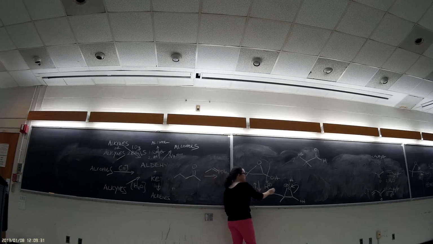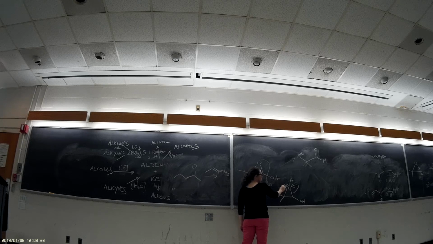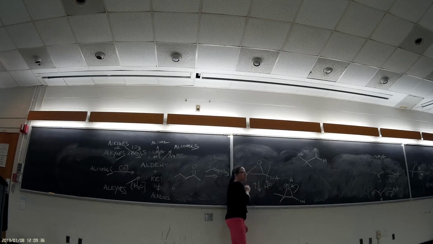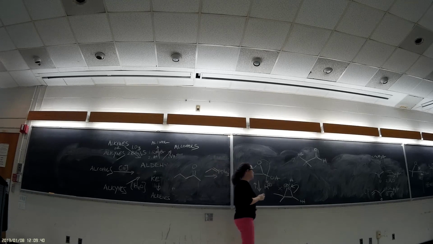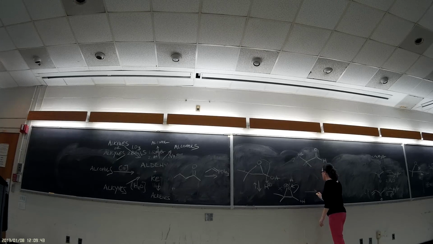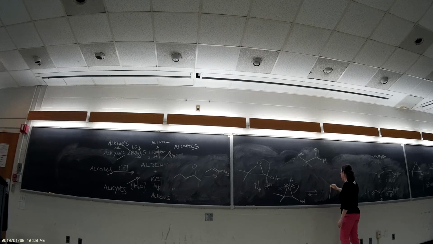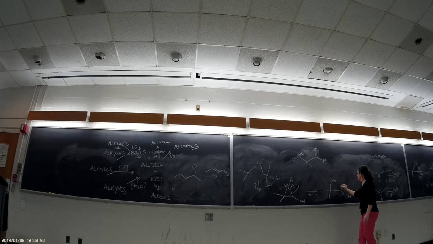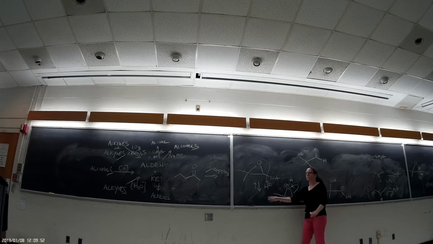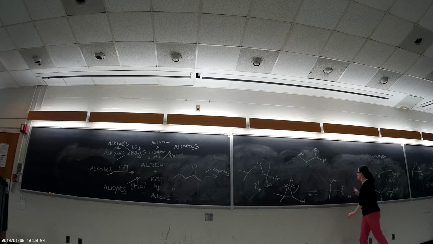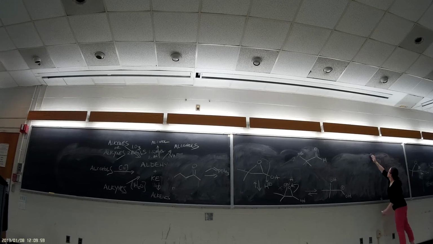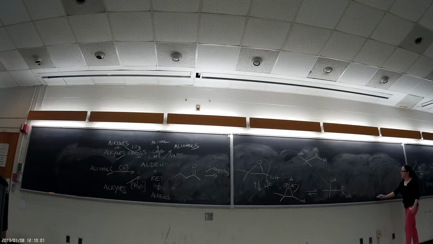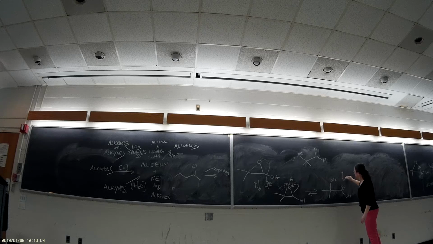If I release from the other side, I wouldn't have a resonance stabilized carbocation. Resonance stabilization is key. So that can go off, and now I have this guy out here, and there's my carbocation. I always want to show the resonance stabilization. So we could do that.